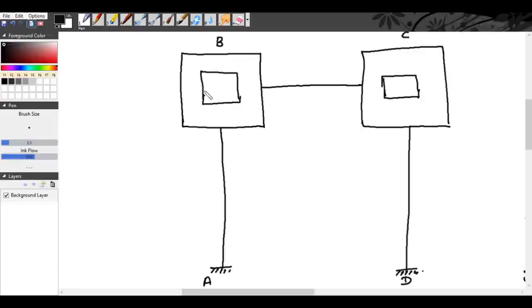Now, inside the smaller column, we will write the resultant restrained moment. So, at B, the resultant restrained moment is minus 2 and at C, the resultant restrained moment is plus 2.